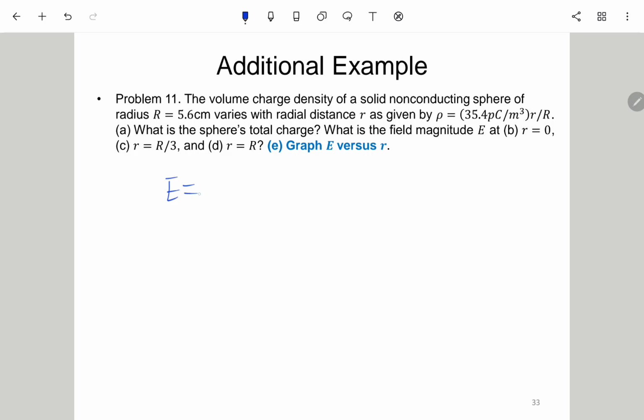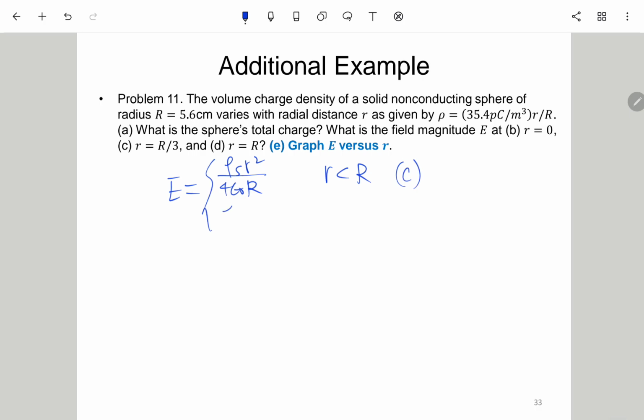We have E equals rho S times r squared over 4 epsilon naught capital R, for r less than R. Okay, this one is derived in part C. And then we have rho S times capital R cubed over 4 epsilon naught small r squared, for r larger than or equal to R. This one we obtained in part D.